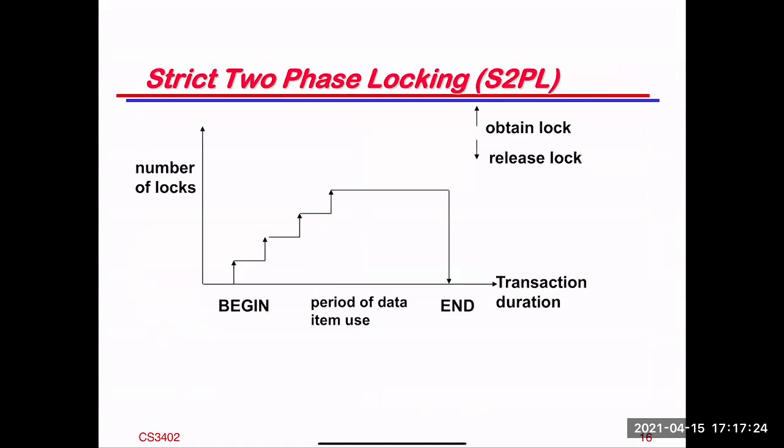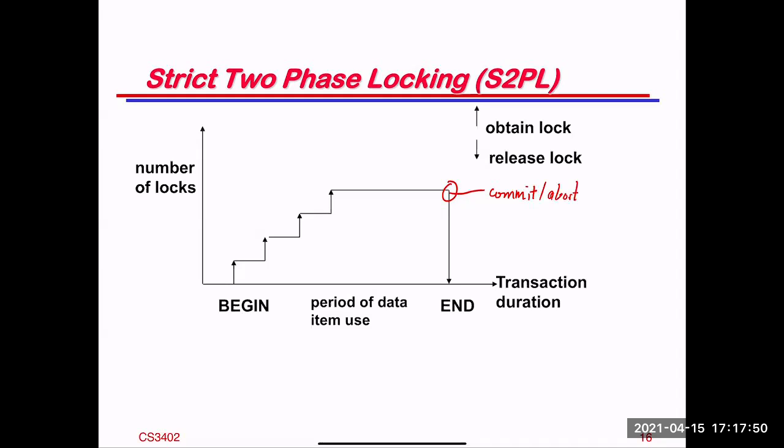All right, so again, let's look at how to visualize this strict two-phase locking here. Basically, what happens is that you only have a growing phase. You don't really have a shrinking phase, because the shrinking phase only happens at the very end, at this point here, when you either commit or abort.